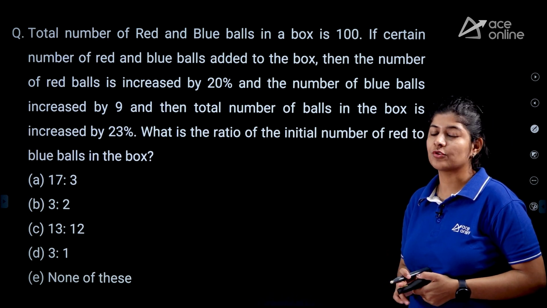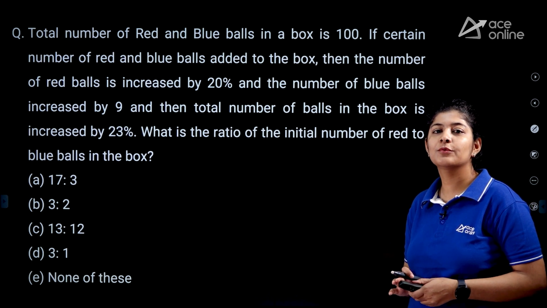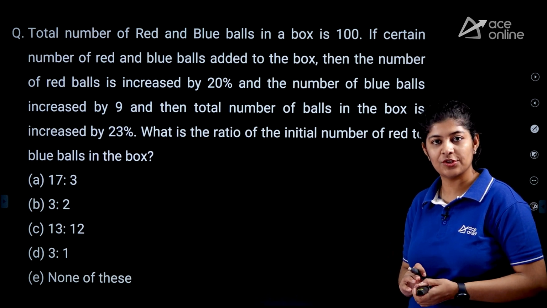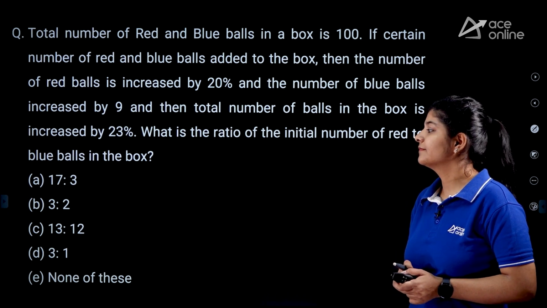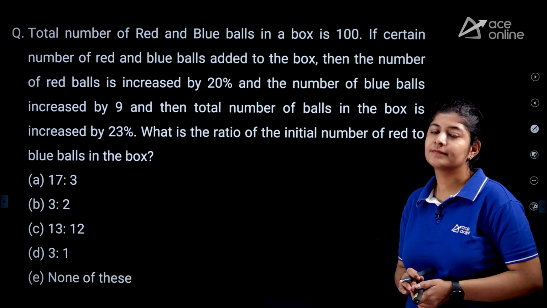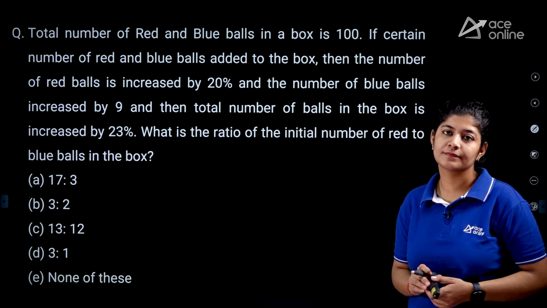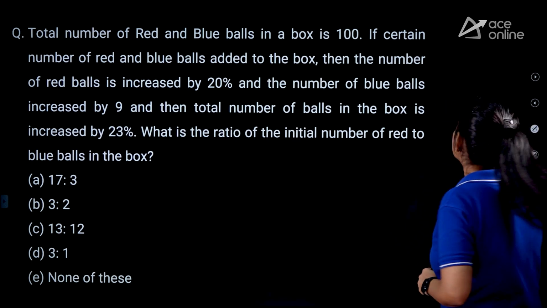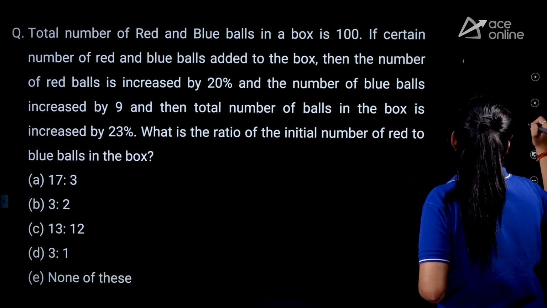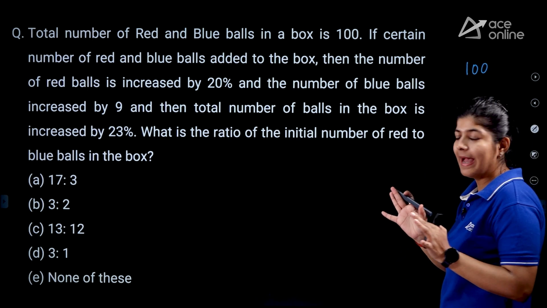This is a simple question. All you have to do is some basic mathematical calculation, and after that you will definitely get your answer. So the question says that you have 100 balls in your bag.